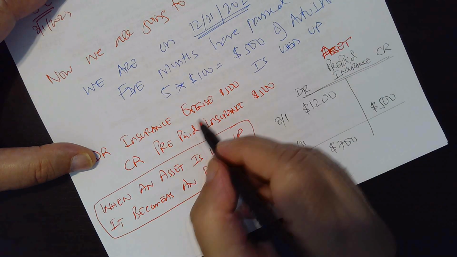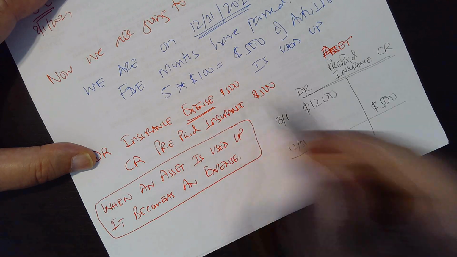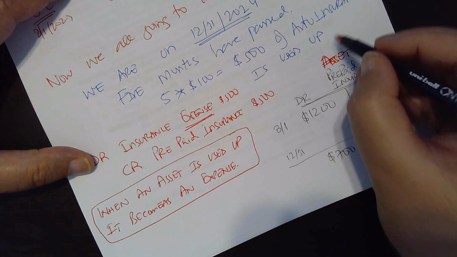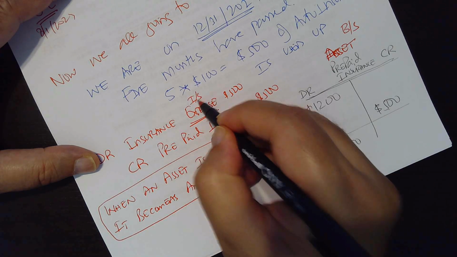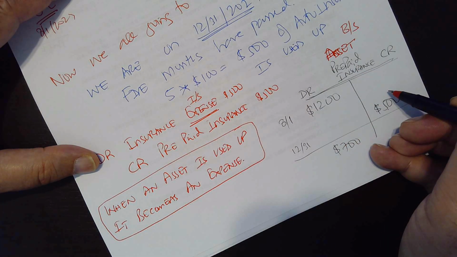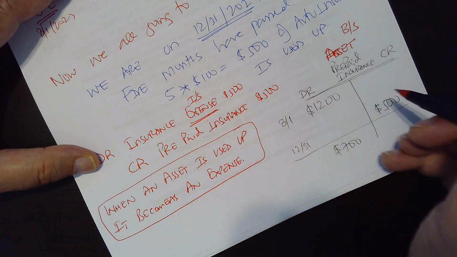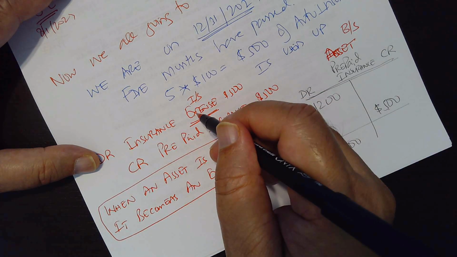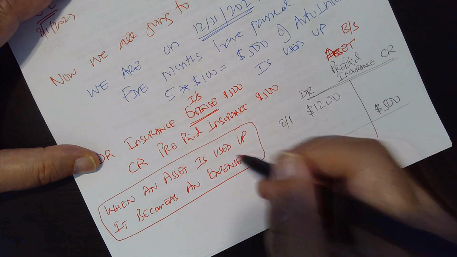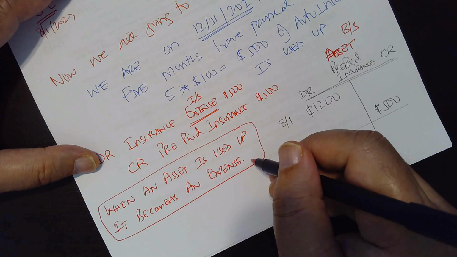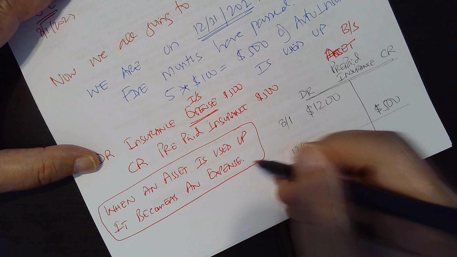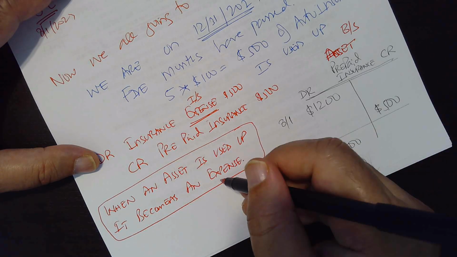It's used up, now it has become an expense. Okay, so it's moving. An asset stays on the balance sheet, an expense stays on the income statement. So the information is moving from the balance sheet to the income statement. If we do not do this, our income statement will be incorrect, or underreported by $500. So that is the reason we are doing this.